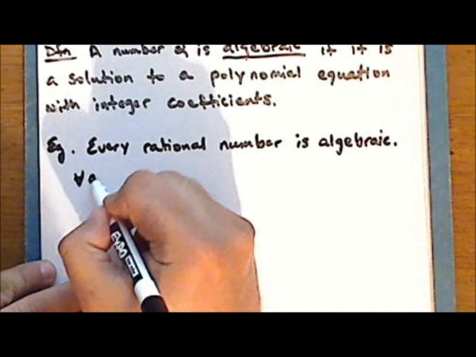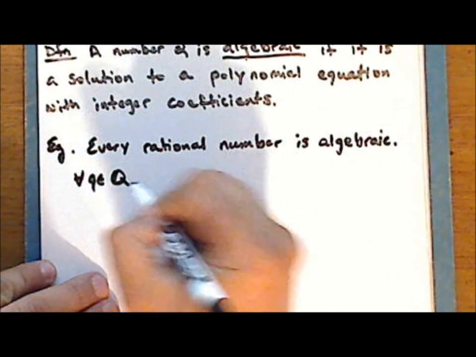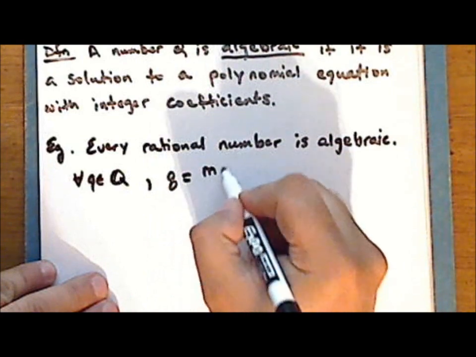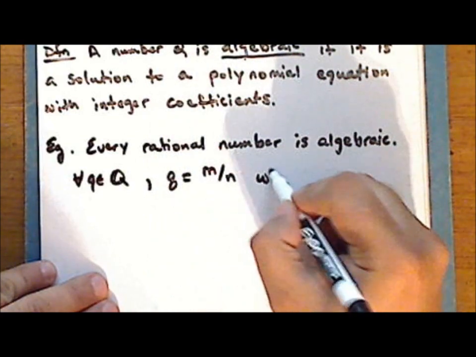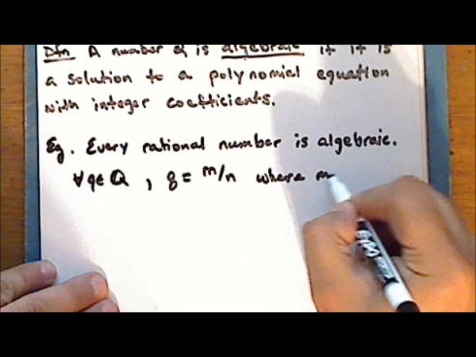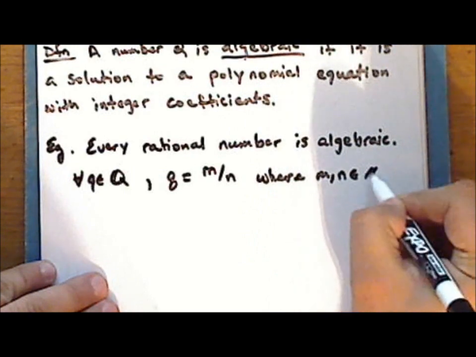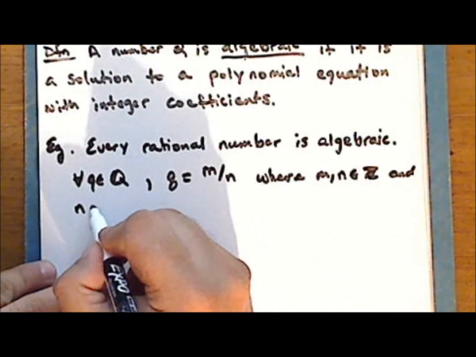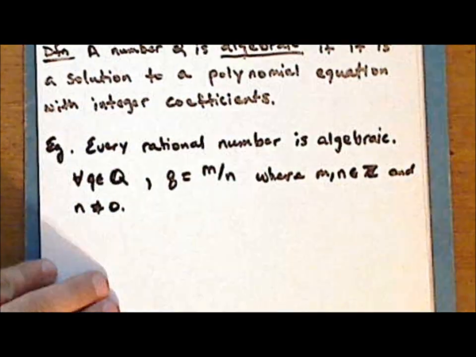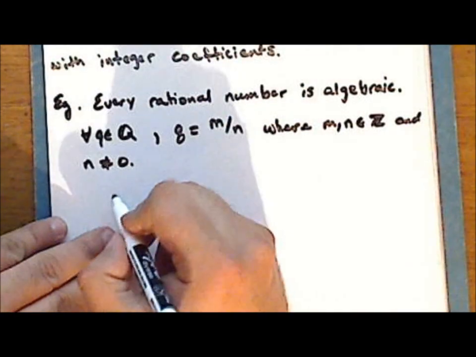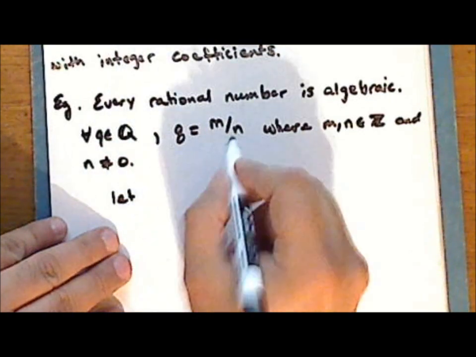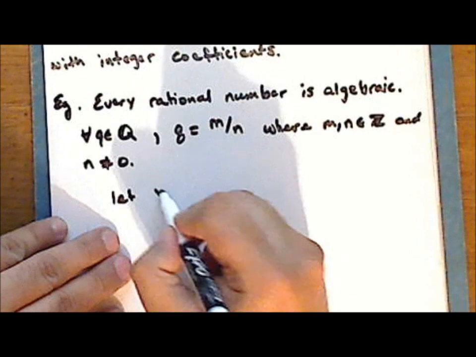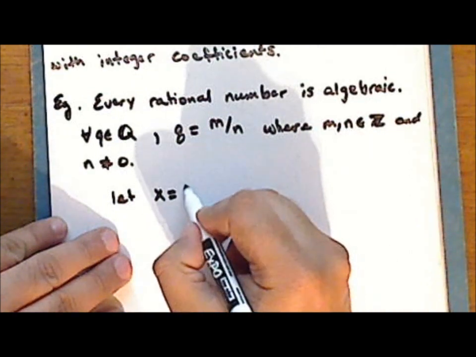For every rational number Q, we know that that number is expressible as the ratio of two integers. And of course, the second integer in the pair is not 0. So let this number Q, which is the ratio of some pair of integers m to n, be the number x.